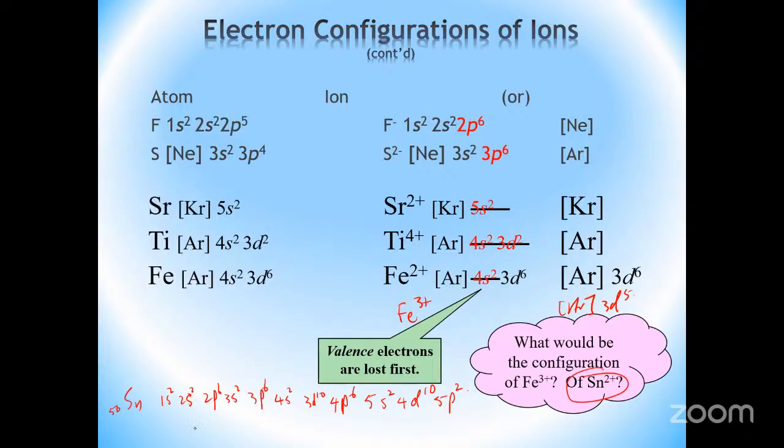Okay, so here's my question to you. To get Sn2+, what electrons will you start removing first in order to get the electronic configuration of Sn2+?